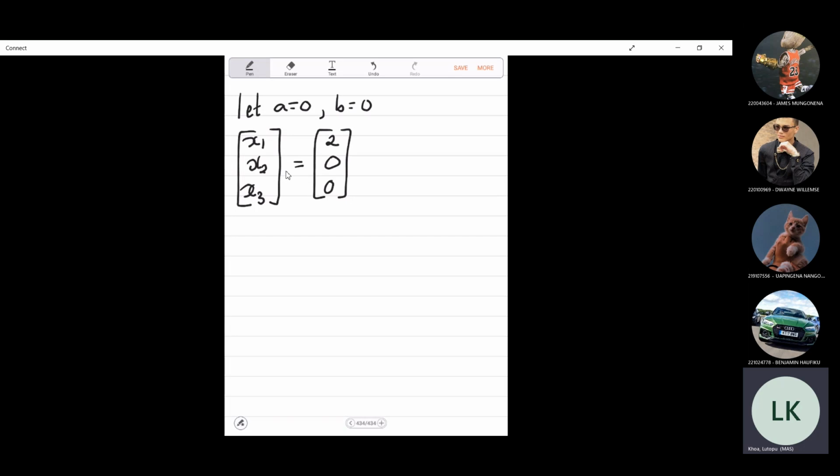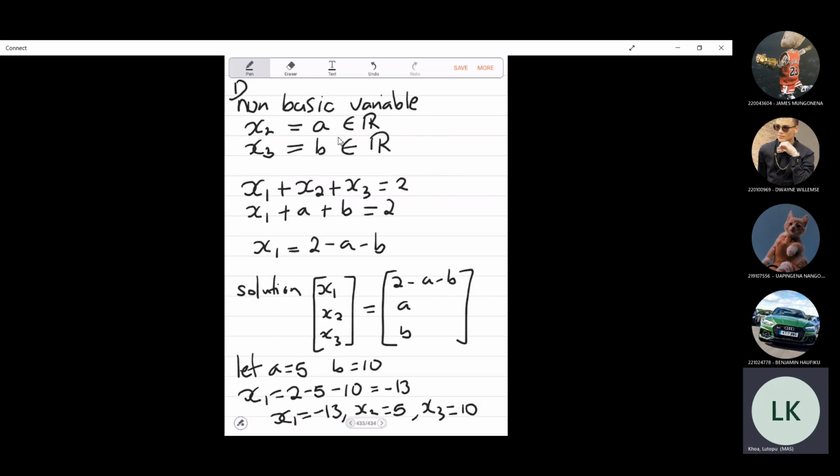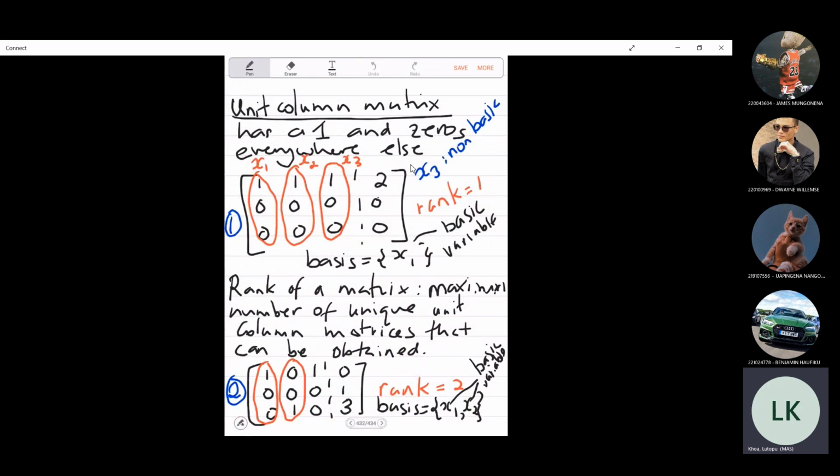So x1 is 2, x2 is 0, x3 is 0, and you can see when I substitute it back in here, it does satisfy it.